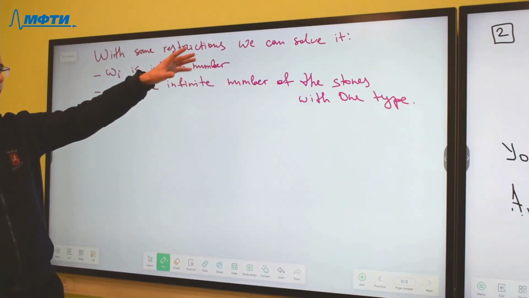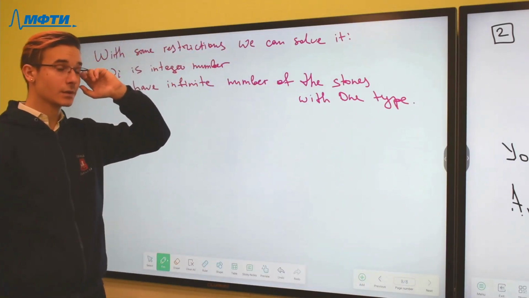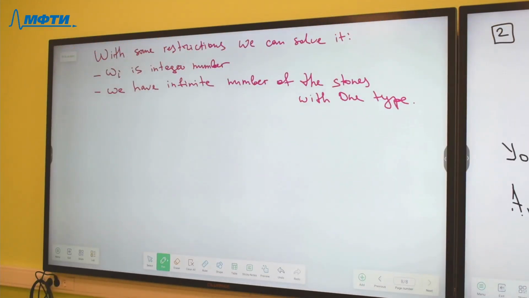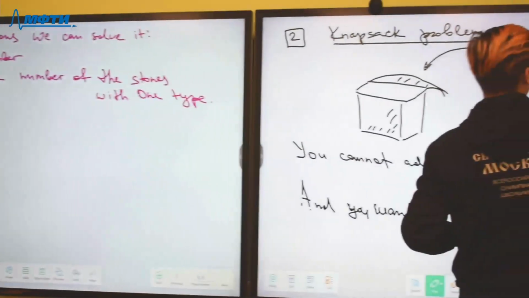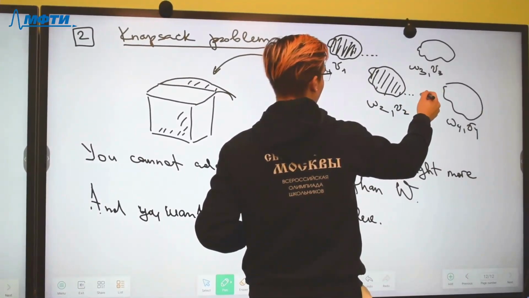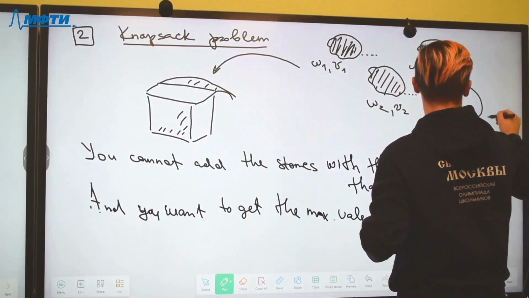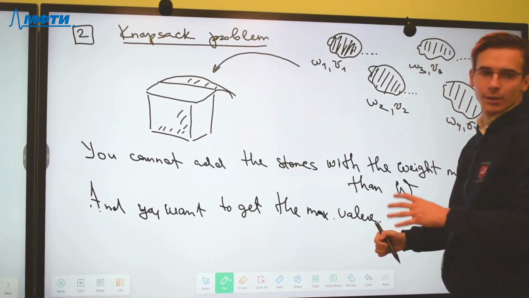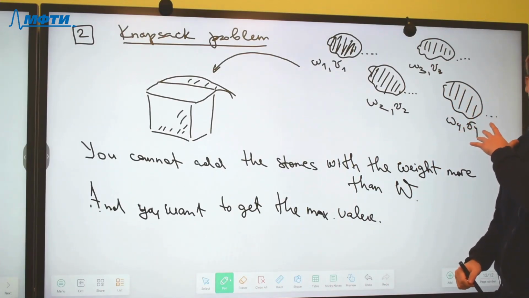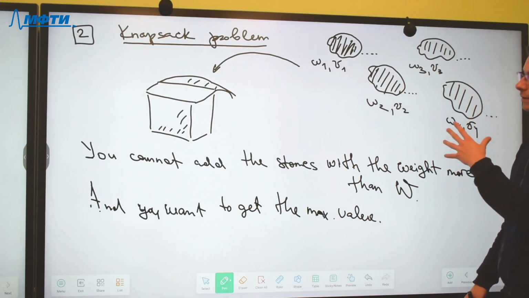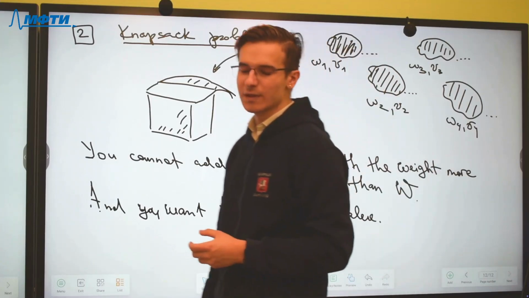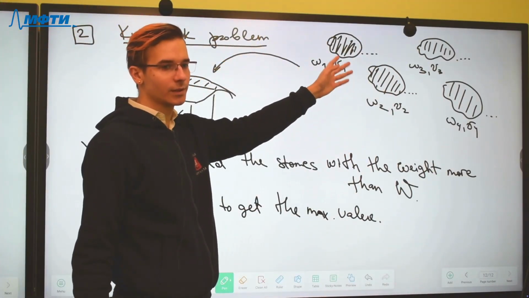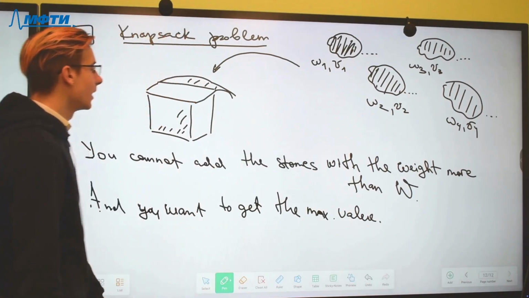So we have a finite number of types of stones, but we have not only one stone, but a number of stones of each type. So we can take, for example, 5 stones with weight W1 and value V1.